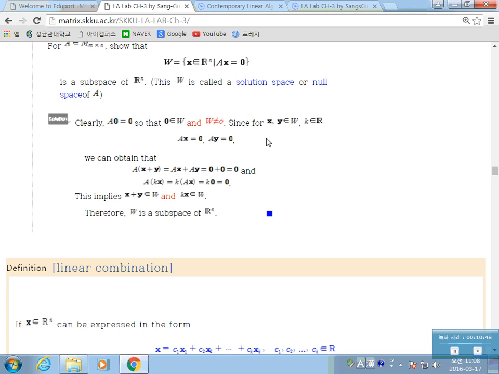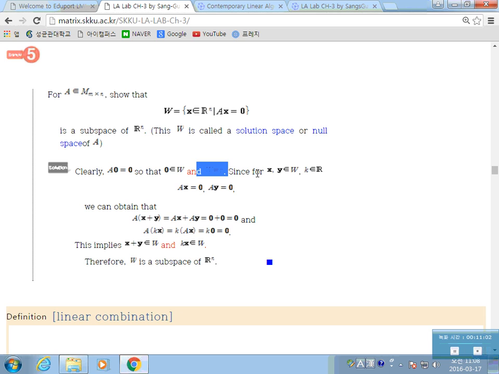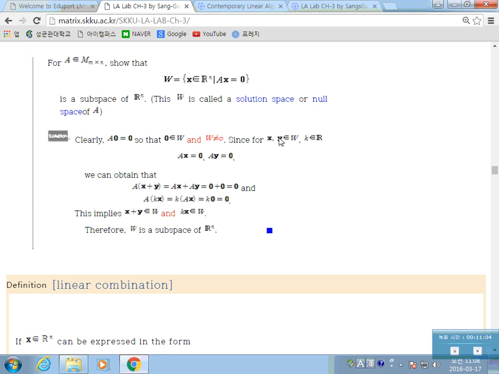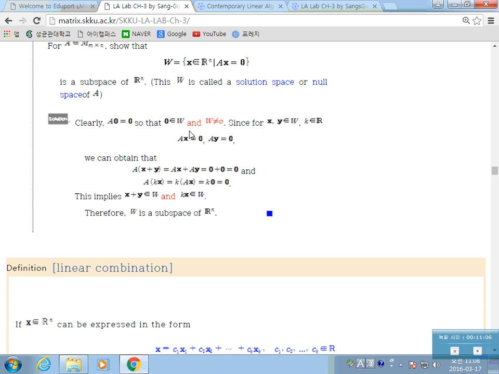So first we check the zero vector is in there, so W is a non-empty subset of Rn, and then next choose arbitrary two vectors x and y. They should satisfy this equation: Ax should be 0 and Ay should be 0.